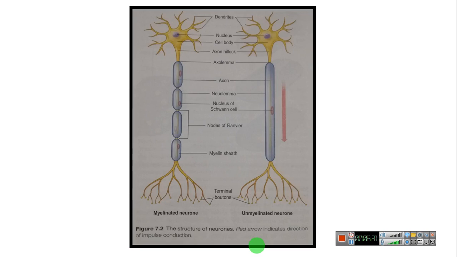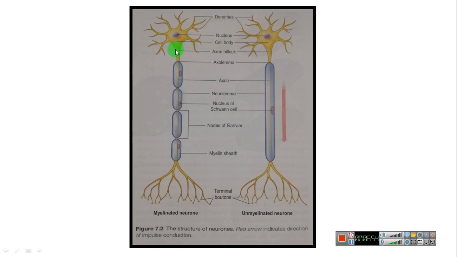This is the picture of the structure of a neuron. The direction of the nerve impulse is shown by this red arrow. This is the nerve cell body, this is the nucleus, and those are the dendrites I mentioned earlier.